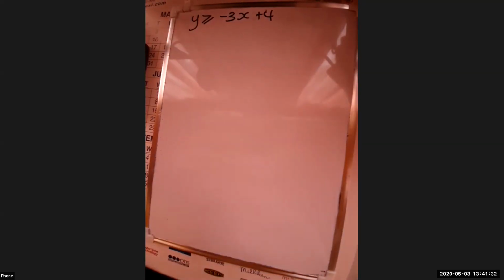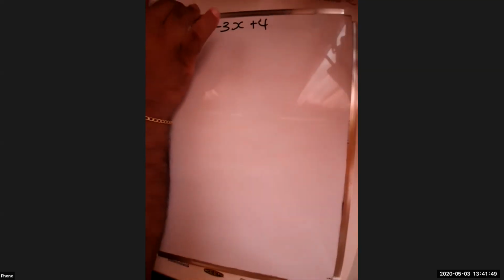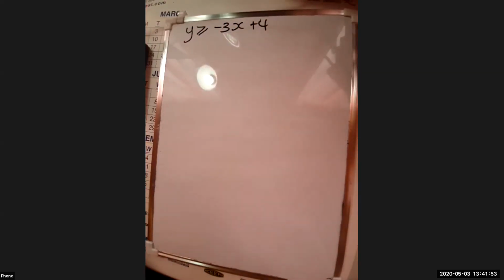Can anybody recall what is the first step that we would take? What is the very first step? Substitute the number for x. There's something we have to draw first. I'll give you the acronym for it, TOV.